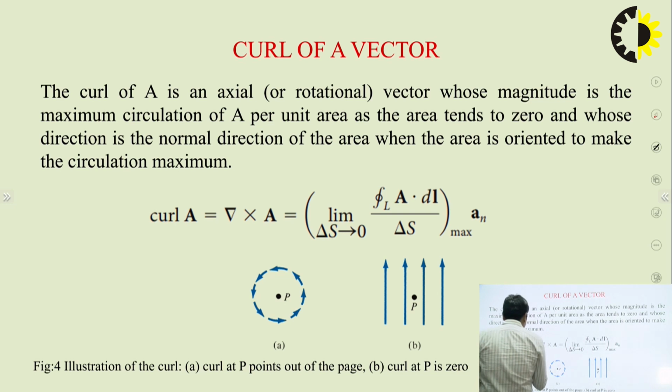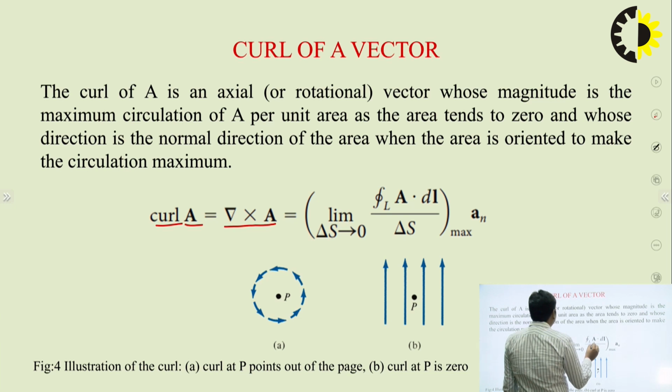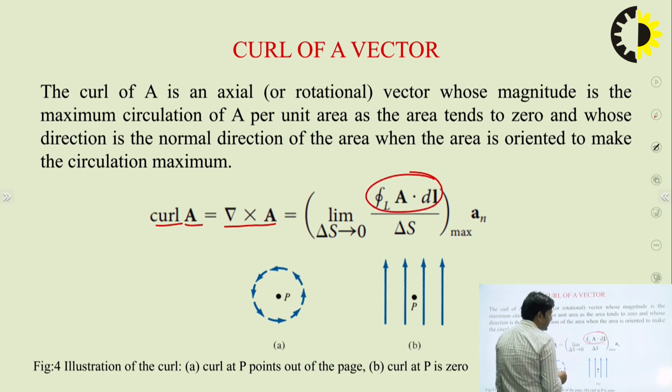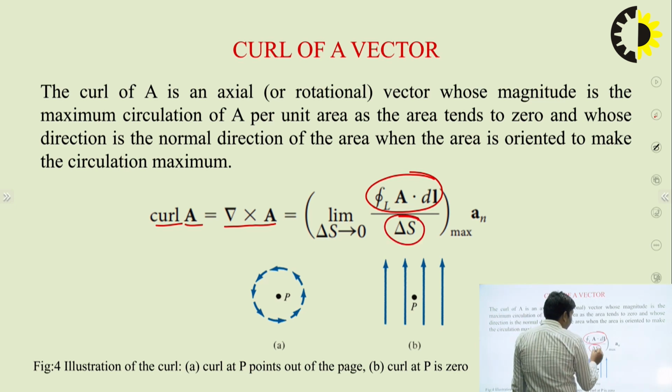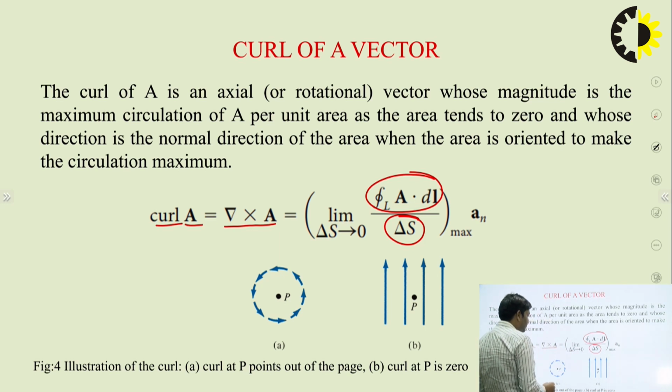Suppose vector A is defined here and the curl we have to put here. So, curl is defined here as del cross A, that means the magnitude of the maximum circulation, which has to be calculated by A dot dl in a closed path divided by delta S, where delta S tends to 0. So, we can say this is the curl of that particular vector.